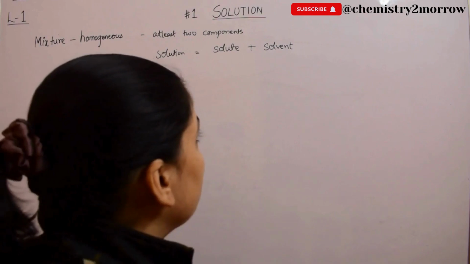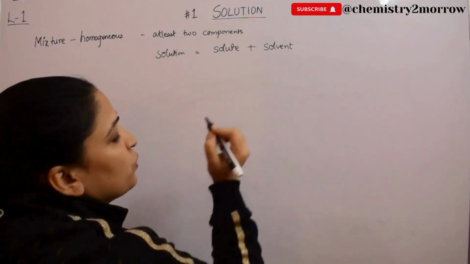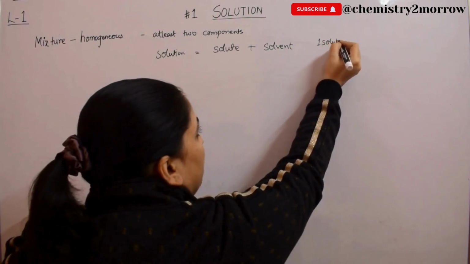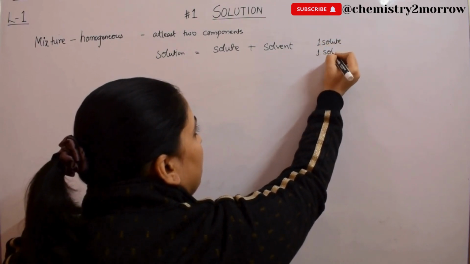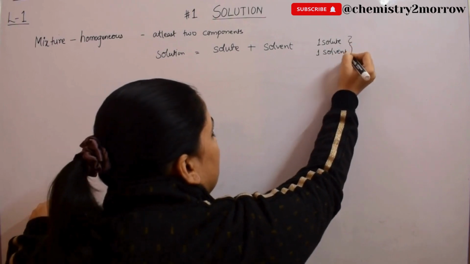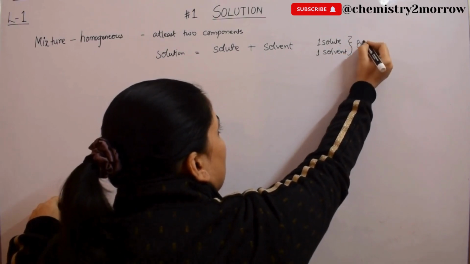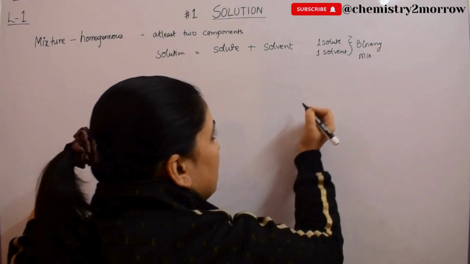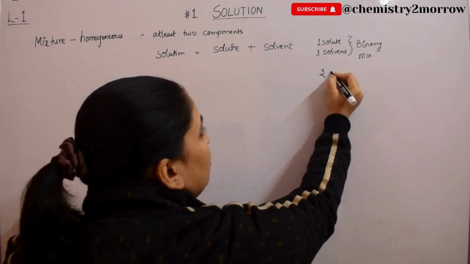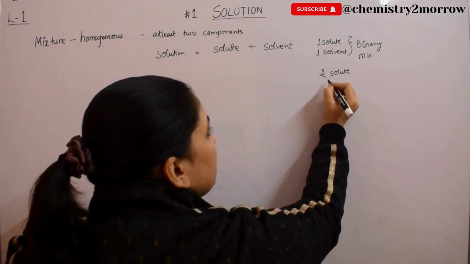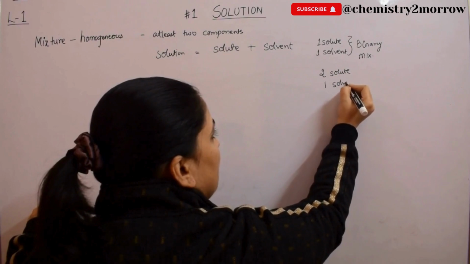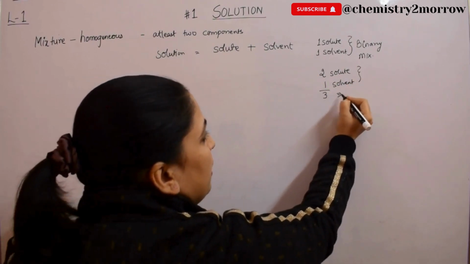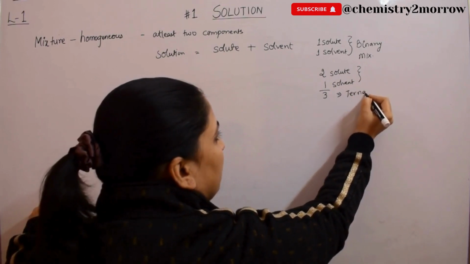When in a mixture we have only one kind of solute present in a solvent, then such solutions are called binary solutions or binary mixtures. Similarly, if I have two solutes mixed together in a solvent, then since the number of components is 3, it is called a ternary solution.